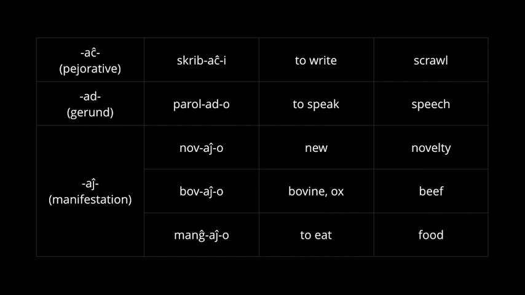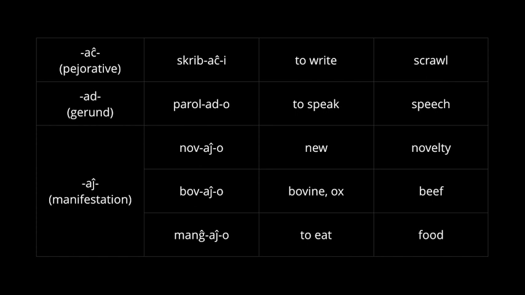Age is used to make a manifestation of something. There's a couple different ways you can interpret this. If you take it as appending to an adjective like nov, which is new, you get a word signifying an object that exemplifies that. It's a new thing. It's a little bit of newness, novajo, a novelty.